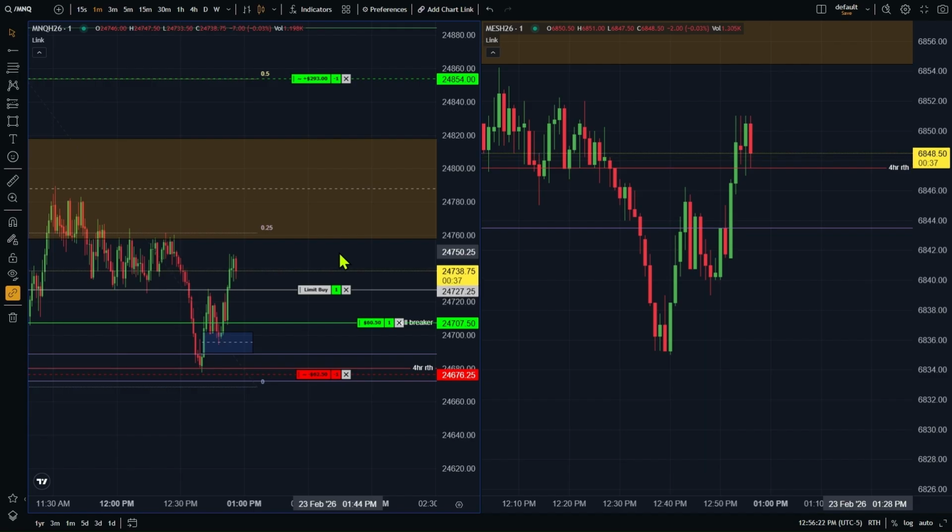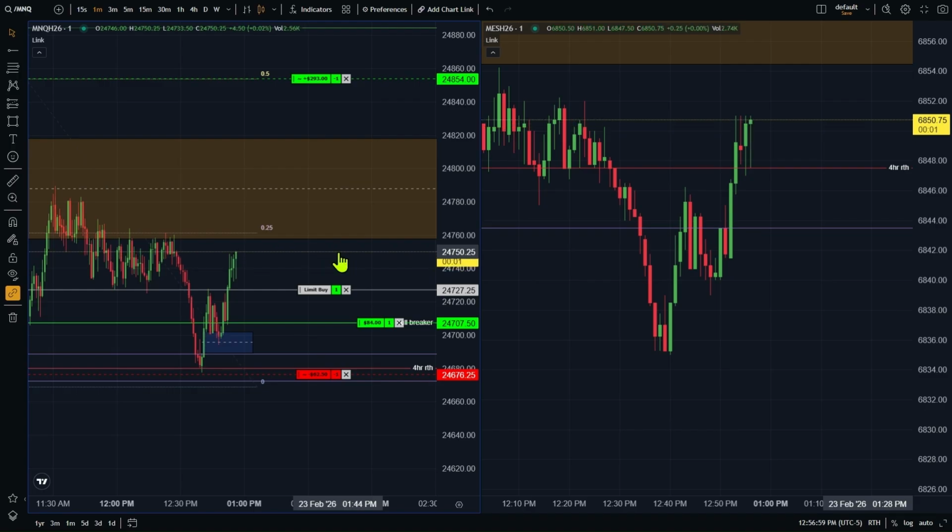Yeah, I'm liking this if I can get a fill. Come on, NQ. You're notorious for coloring outside of the lines. Get down there and fill me. Oh, nope.